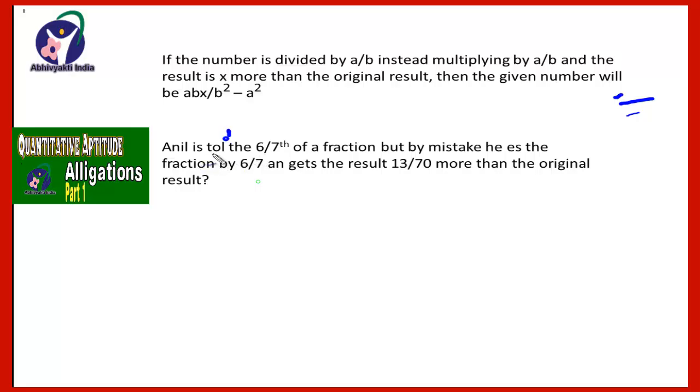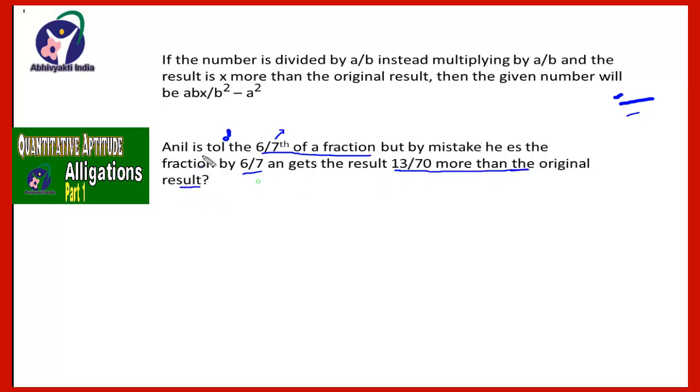Anil was told to find 6/7 of a fractional number, but by mistake he divides the fractional number by 6/7, meaning instead of multiplying by 6/7, he divides by 6/7 and gets the result 13/70 more than the original result.